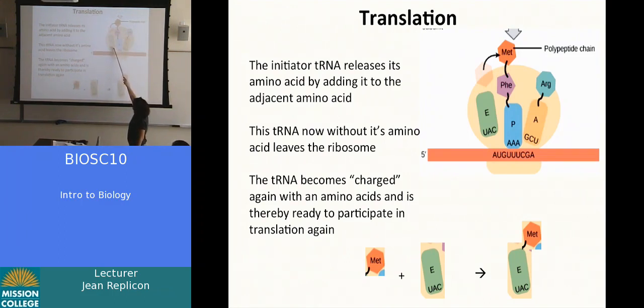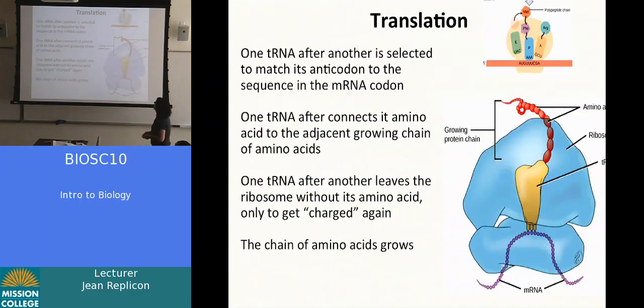We call that uncharged, and when it picks up the amino acid, it becomes charged, so it's ready to participate again. And then the ribosome wiggles down a little bit more, and we can continue reading this sequence, codon by codon, bringing the right amino acid.